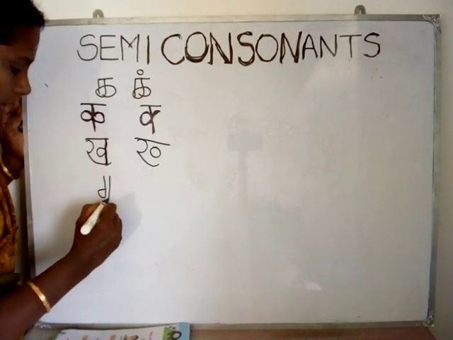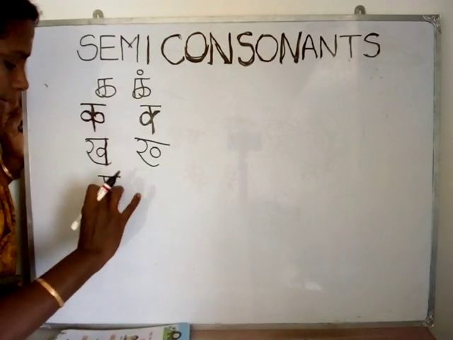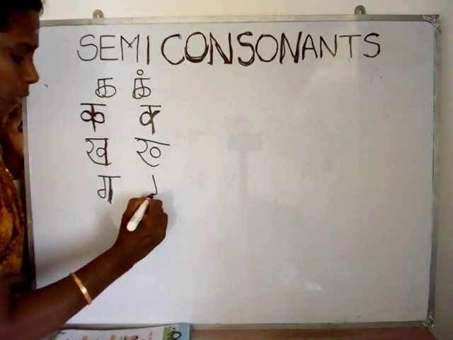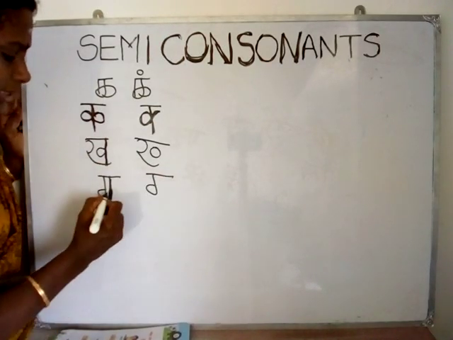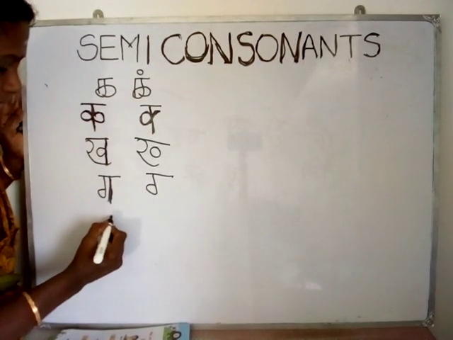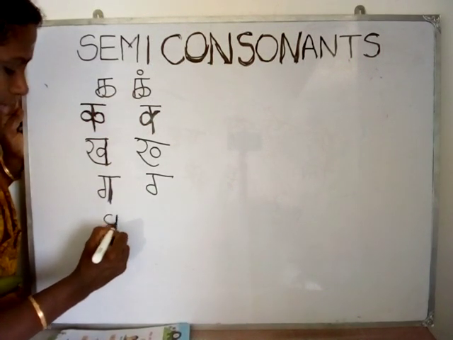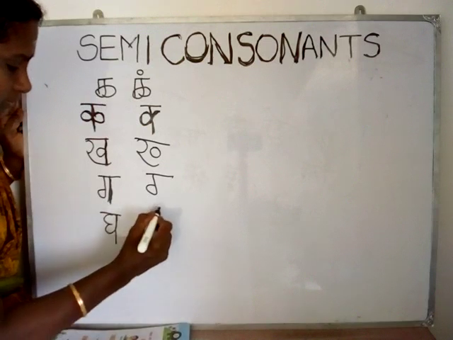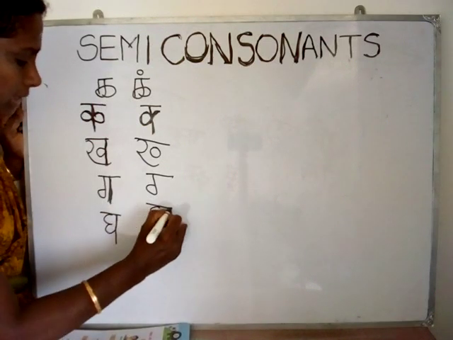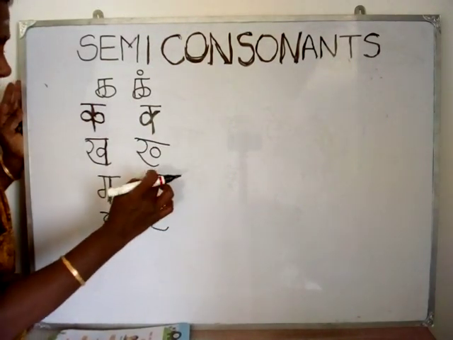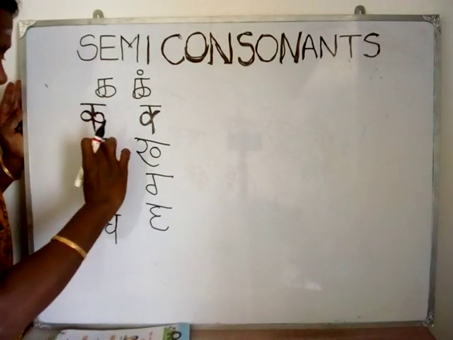This is ga. Here also we have to remove this line. So this is ga and this is ig. So for these three letters, we have to remove the last line.